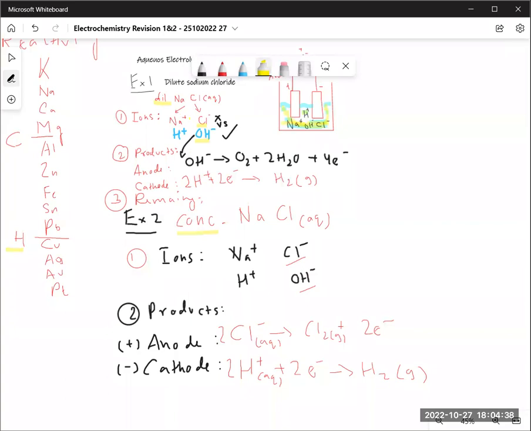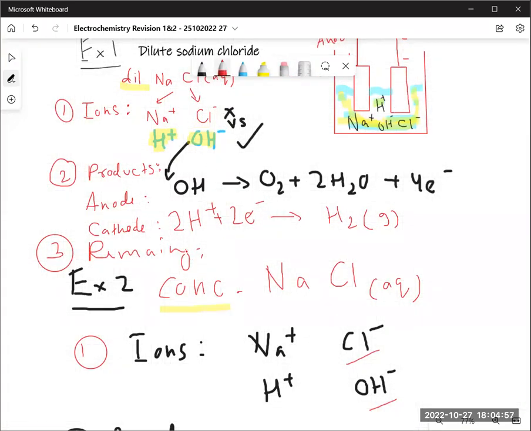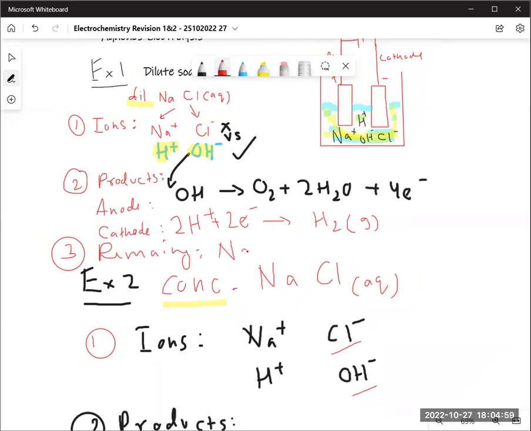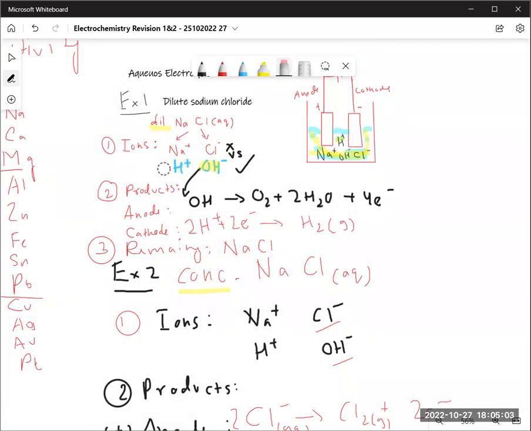What is remaining? Example 1. We have learned that nothing will be remaining. No, that's only for molten. But right here, H plus goes away and OH minus goes away. What is remaining? Na plus and Cl minus. Right? So in the solution, NaCl is remaining. Is that clear? Yes.